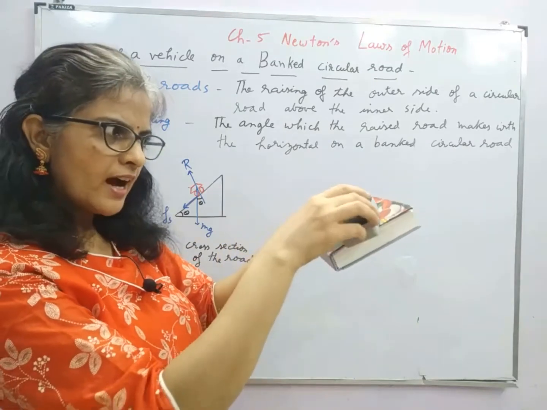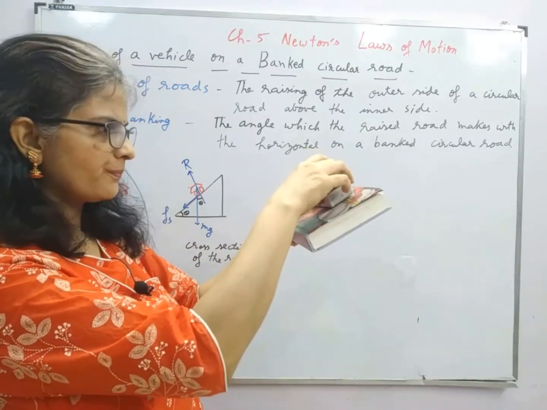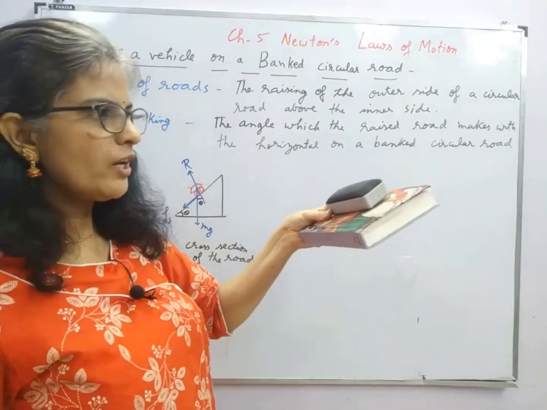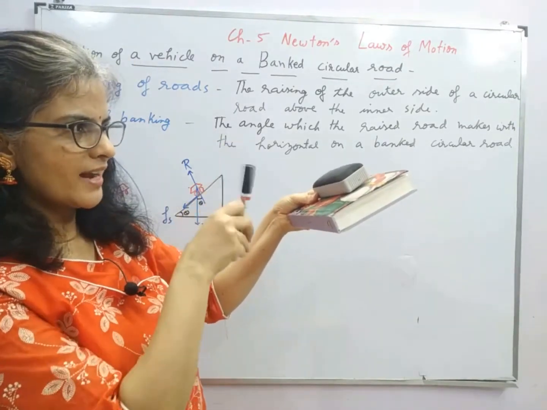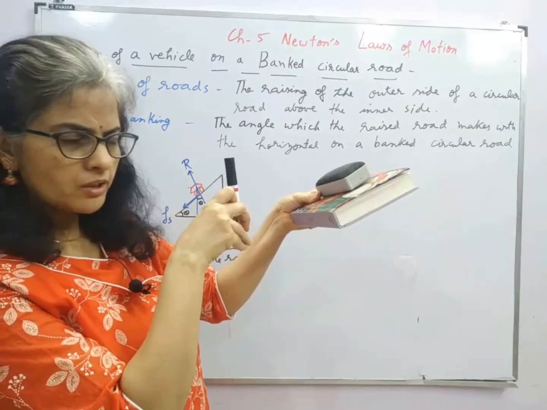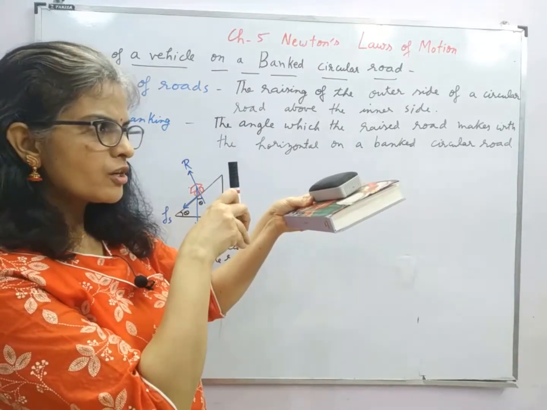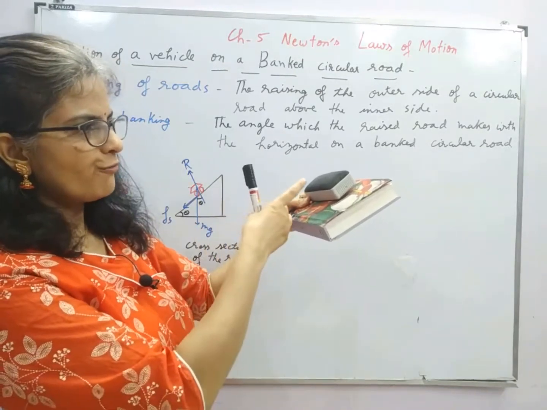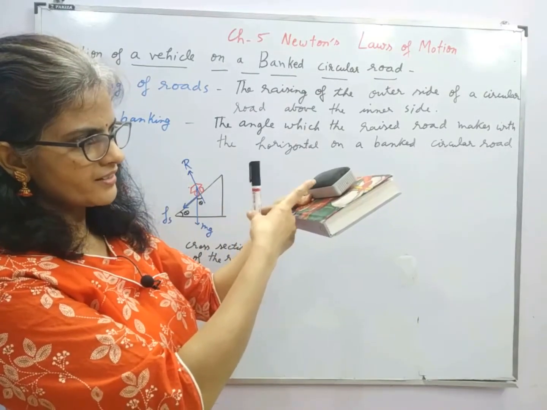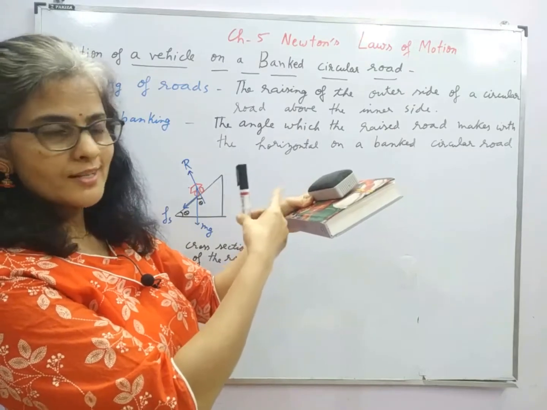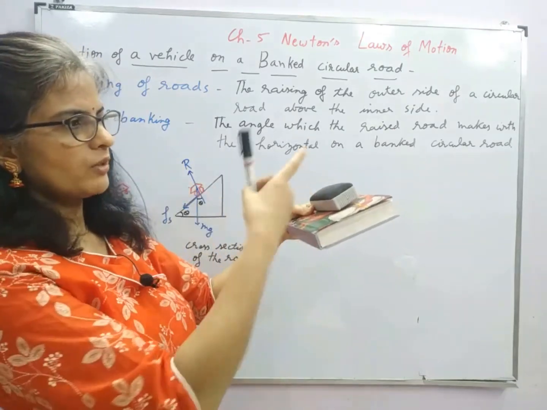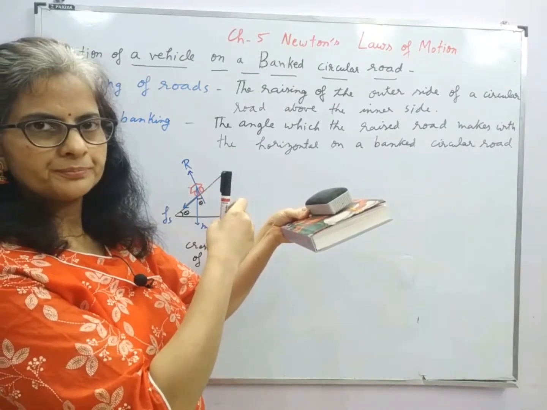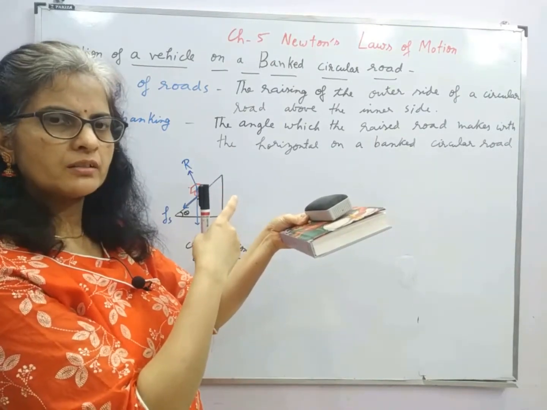So we want the car to move on this banked road. That means there is some force which will hold this car on the central line of the circle. Now this is three-dimensional, so instead of finding the components parallel to this, we'll find the component along the horizontal direction, which holds the car on the complete circular track along this central line of the circle, or you can say the axis of the circle.